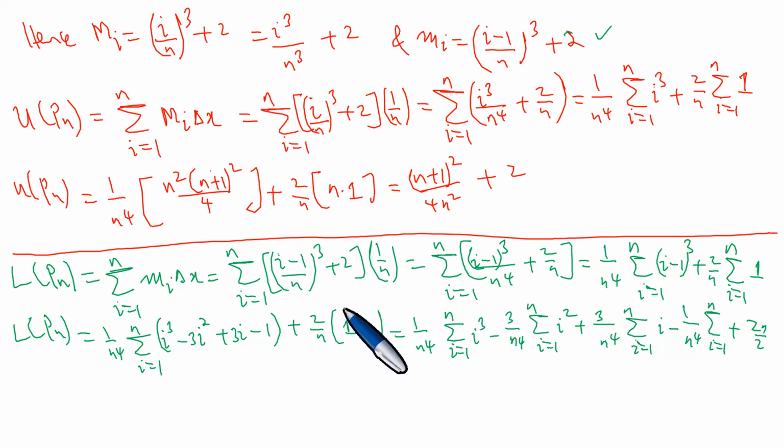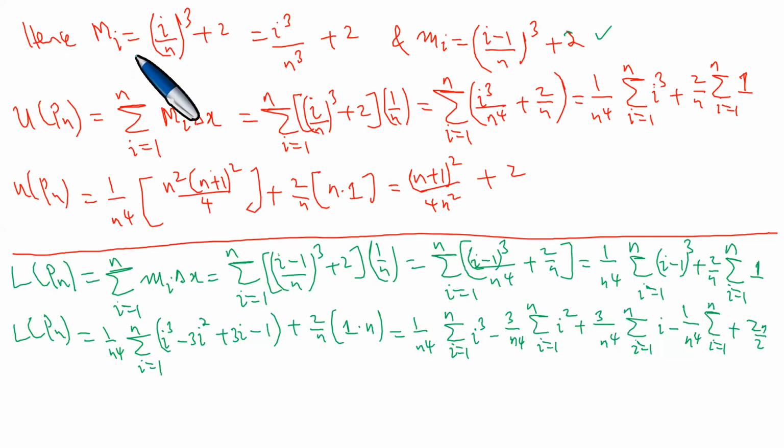I think I'll move to the next page. So I made that page available there. So that would be the LPN, which becomes 1 over n to the fourth power, and the rest of the things.